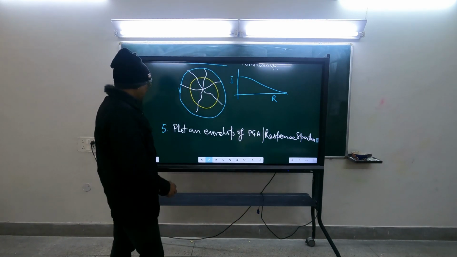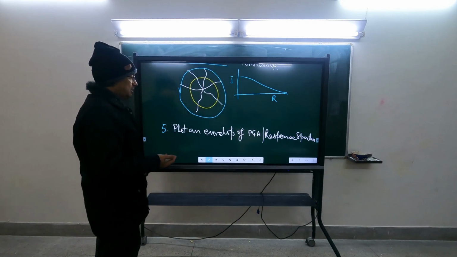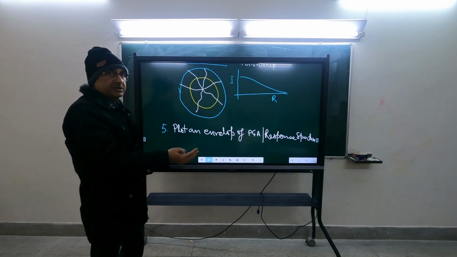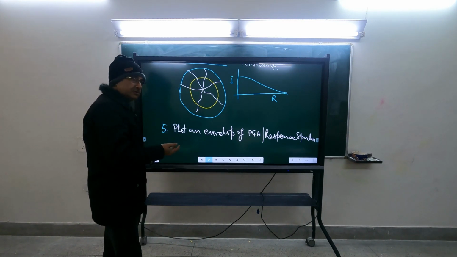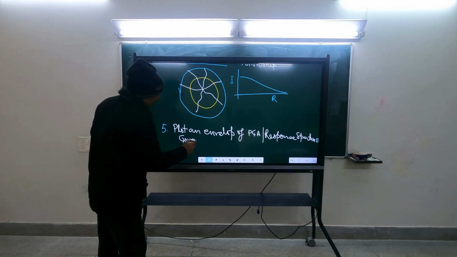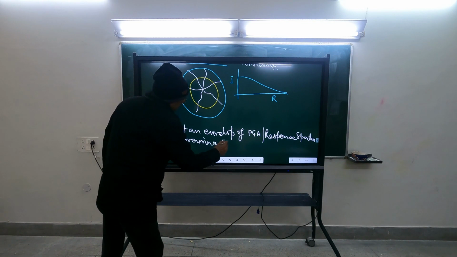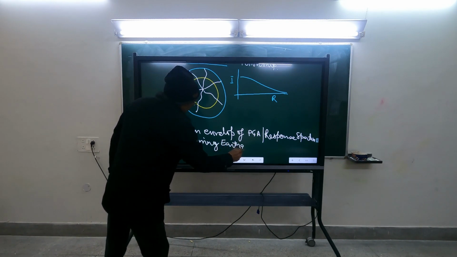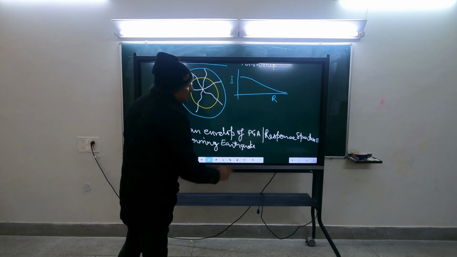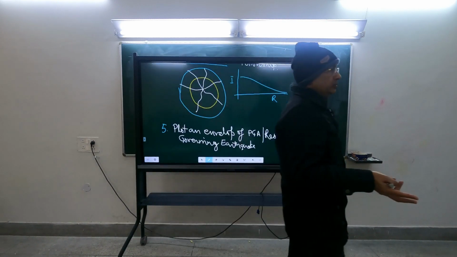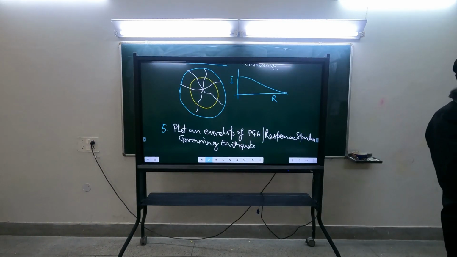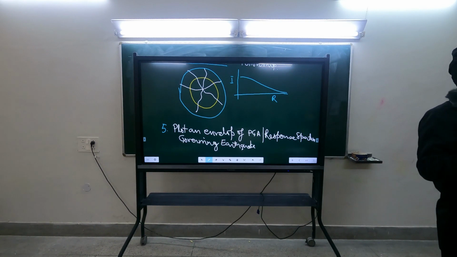This plot, or the peak envelope response spectrum, may be due to one source, which we call the governing earthquake. Sometimes it may be due to two or more earthquakes. In some period range, one earthquake may be governing. In another period range, it is possible that another earthquake may govern. So in that case, we have to take the envelope of the two response spectra.